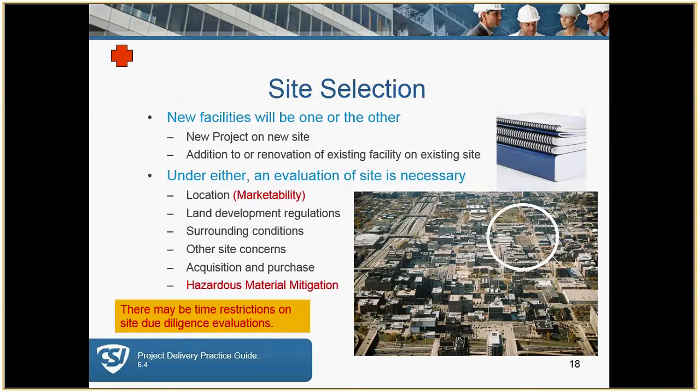There's a red plus sign again, and there may be time restrictions on the site due to the diligence evaluations. When you're working with developers in particular, they may just have 30 days before they have to close on a site, and they want to get their due diligence done quickly.